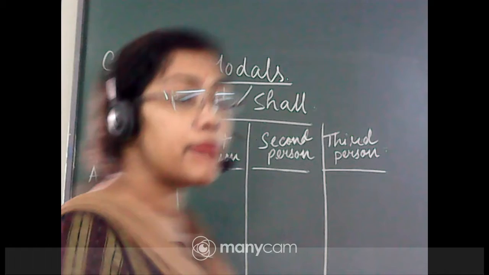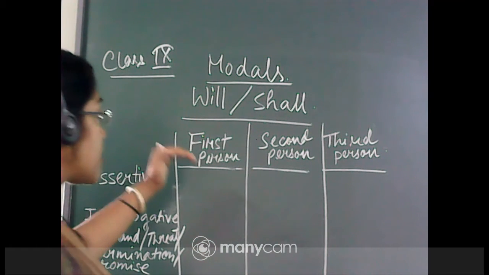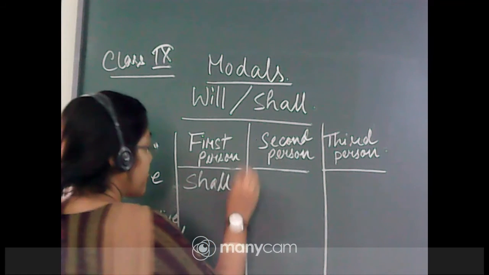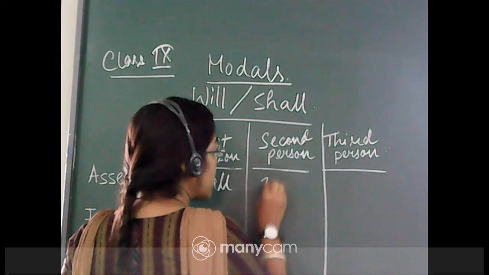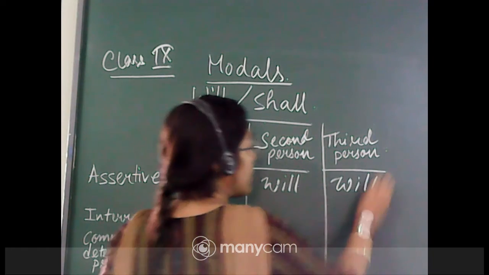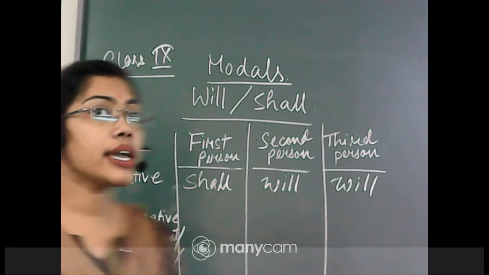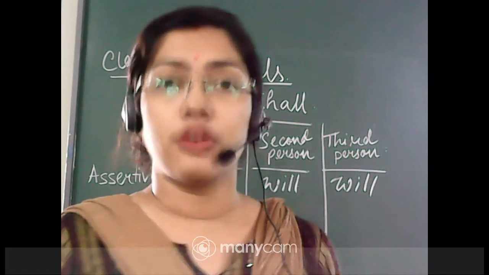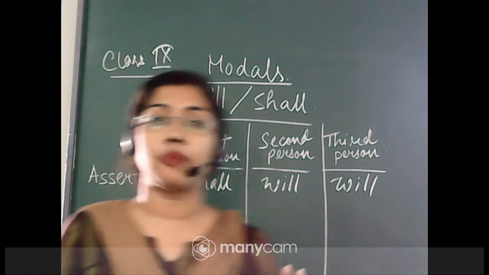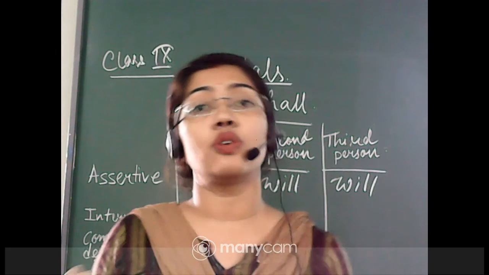The traditional method is that for the first person we are going to use shall, whereas for the second person we are going to use will, and for the third person also we use will. Like, I will go to school tomorrow. If I say, I dash go to school tomorrow, here it is: I shall go to school tomorrow.